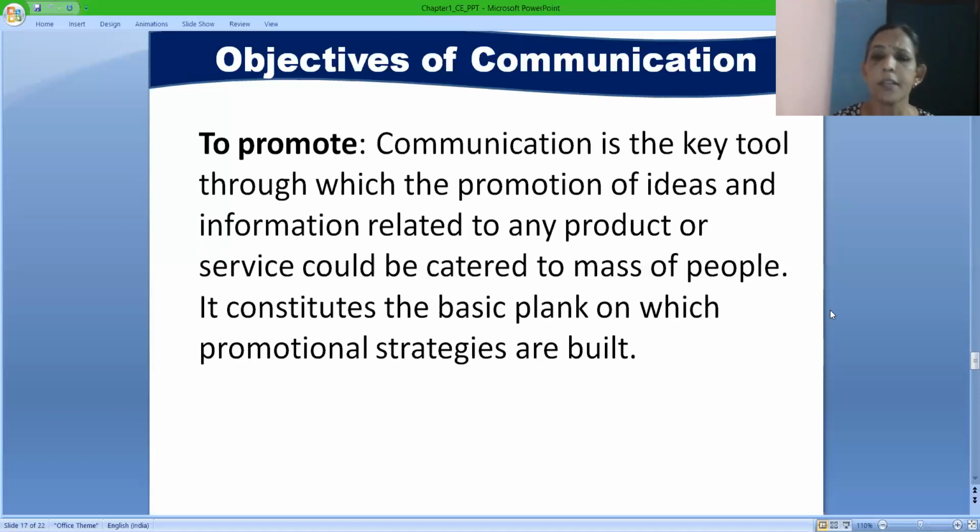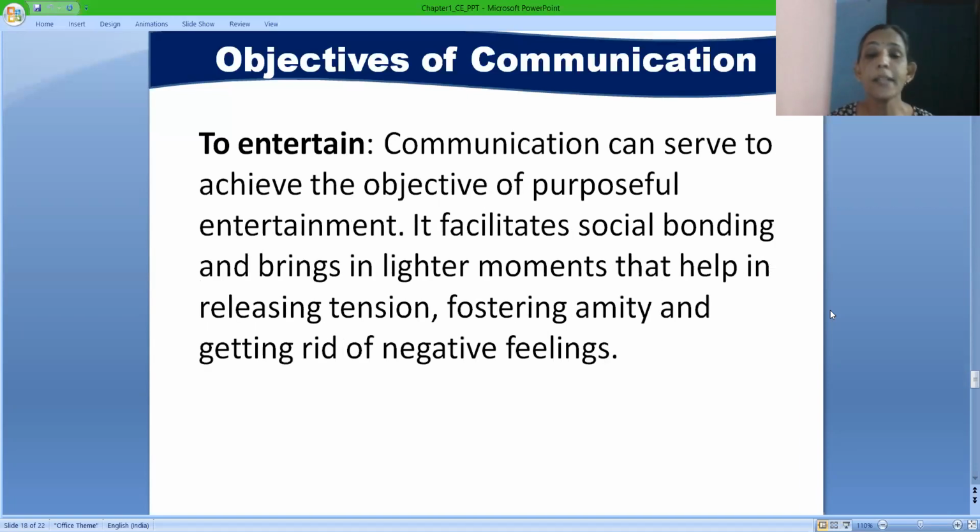The objective is to help people know more about the product, and the different ideas shared by the producers or manufacturers, so that the person can get attracted and act accordingly.